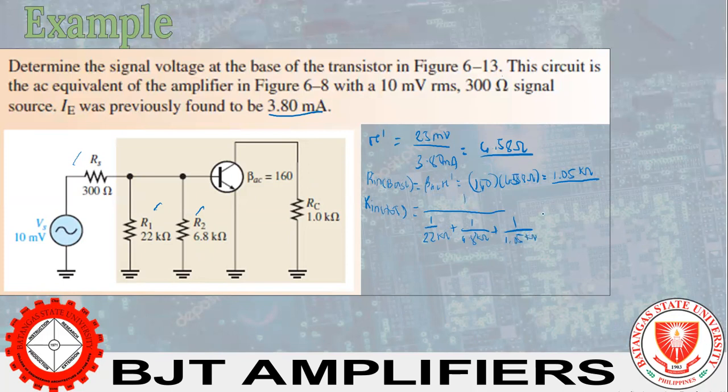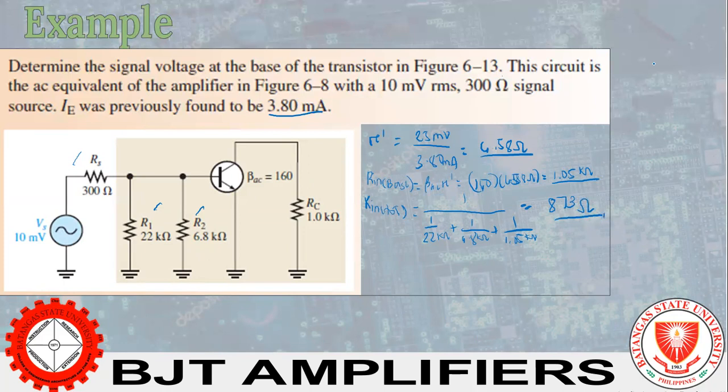So, 1 over all of that. Then we get 873 ohms as R in total.